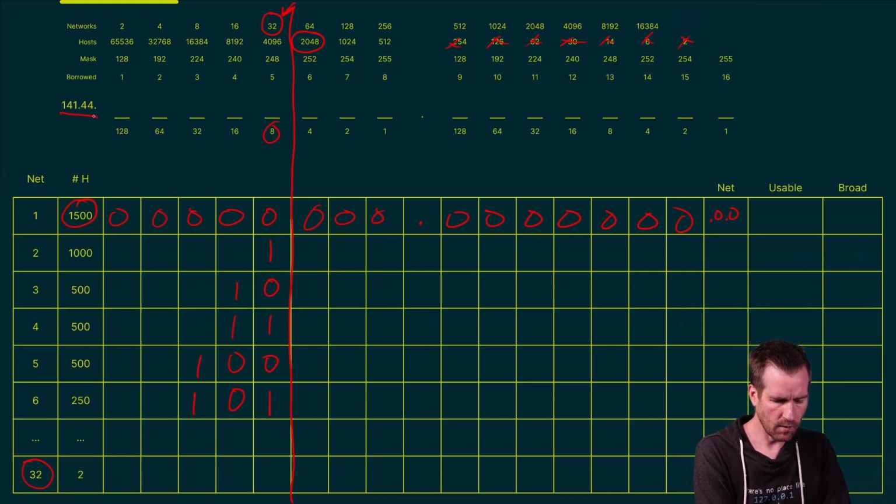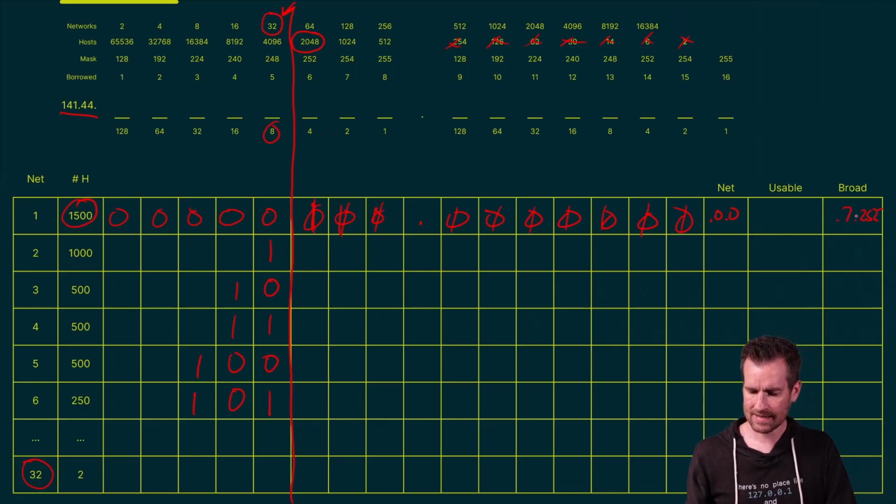So 141.44.0.0. All right, the broadcast address would be all 1s through here. So if we were to calculate that out, this would be .255, and 1s here would be the 4 plus the 2 plus the 1, so 4, 5, 6, 7. So .7. So the broadcast address is .7.255.